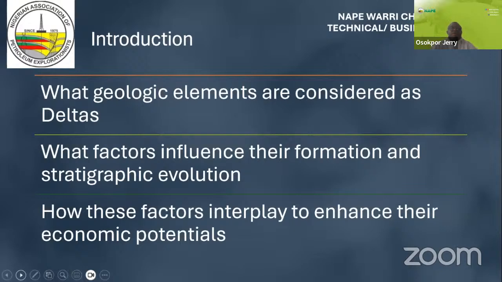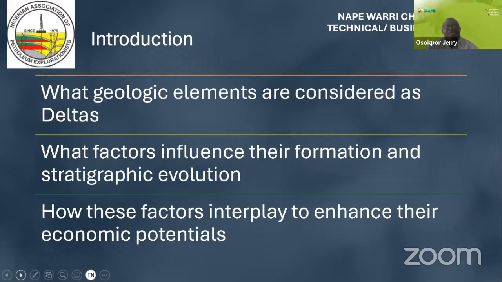Now, talking about the Niger Delta, this study has been carried out. And one will want to ask, why was this study carried out? What's the justification for carrying out this work? It is because of a debate that has been on ground for over 4 decades on the source rock of the Niger Delta.